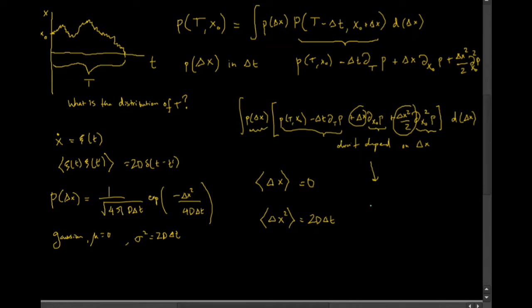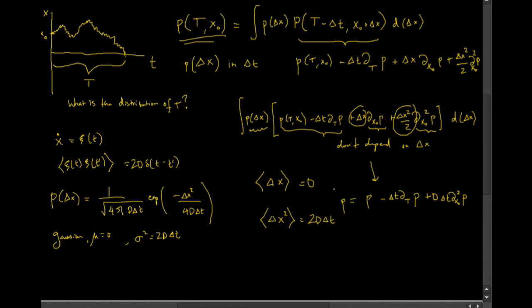So what we end up getting is p minus delta t d/dt p, plus 0 times d/dx naught p, so I won't write that, and then plus D delta t d squared/dx naught squared p. Okay, and our original statement was that this is actually equal to p itself.